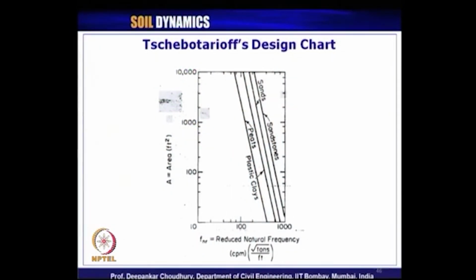So, this first chart shows FNR on the x axis, which is nothing but reduced natural frequency, and the y axis is A, that is area in the unit of feet square. As I have said already, these are semi empirical methods, so you have to be very careful with units; all are in FPS units. The area you get from this chart will be in feet square, then you have to convert it into the SI unit you are using.